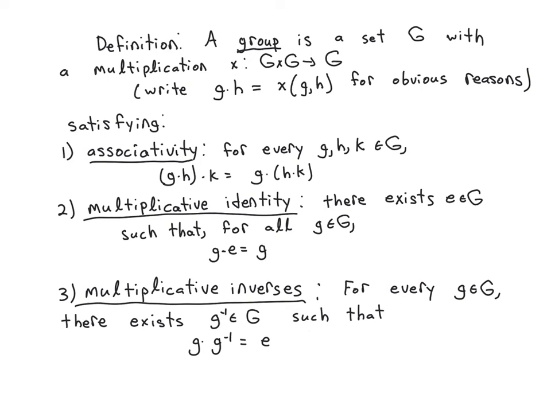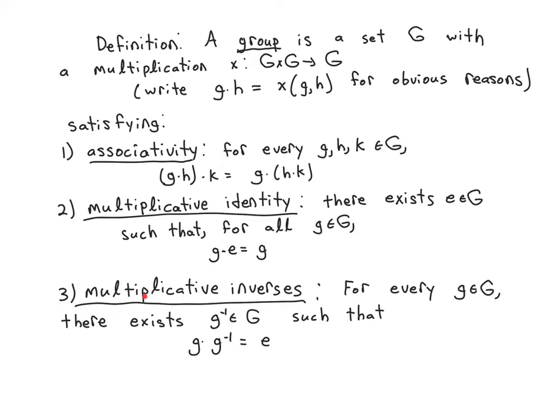The final property that we require in order to be a group is existence of multiplicative inverses. For every element little g in your set, there exists some other element we're going to call g to the negative 1 that has the property that when you multiply g times g to the negative 1, you get e. So here order is important.